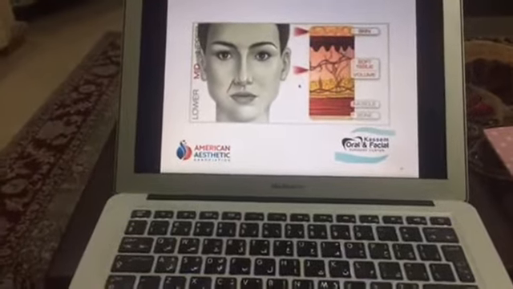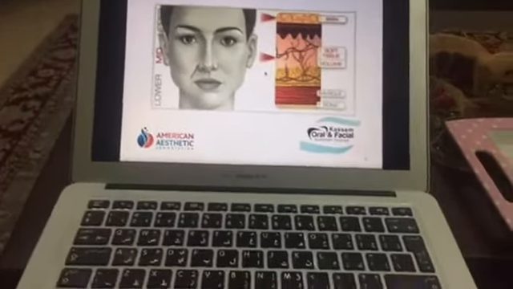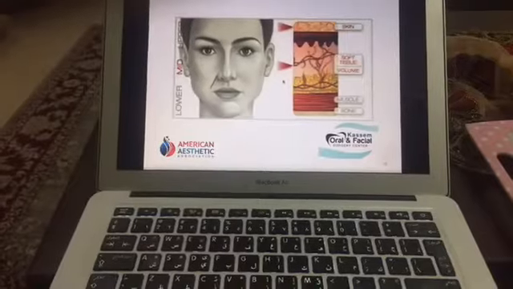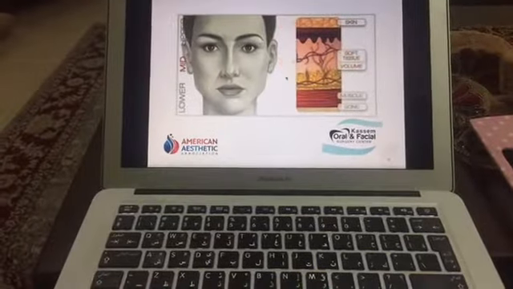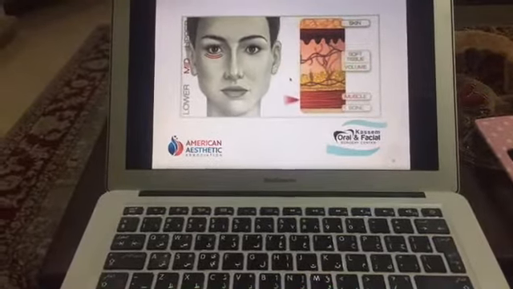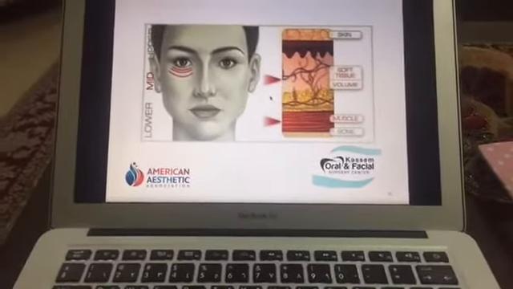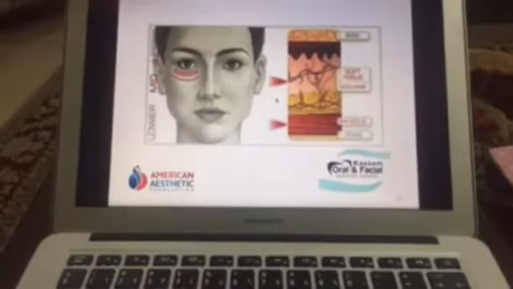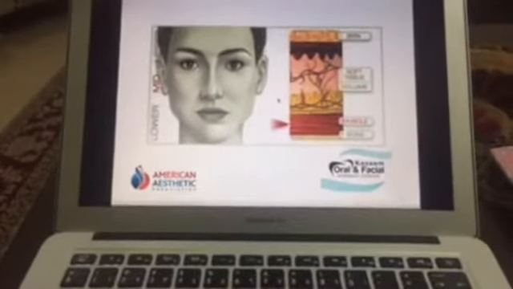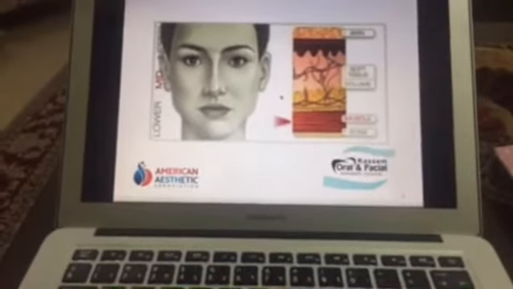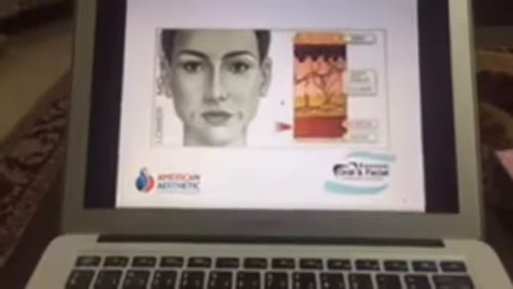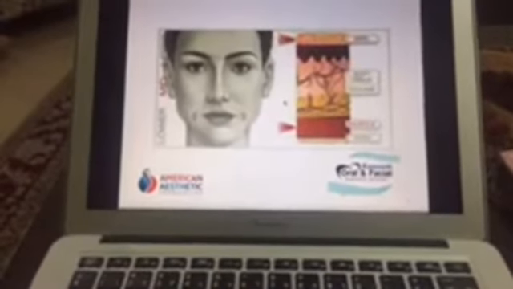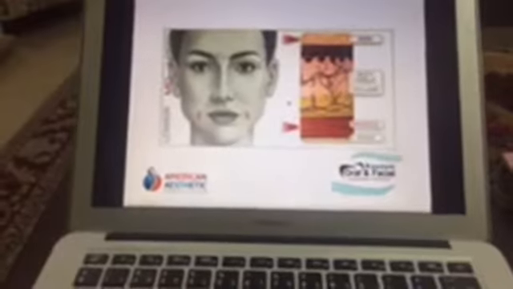And the nasolabial fold gives the patient a very senile appearance. See, this is what we call a tear trough under the eye. And there is a marked increase in the philtrum. We have very marked things. We call this the marionette line.